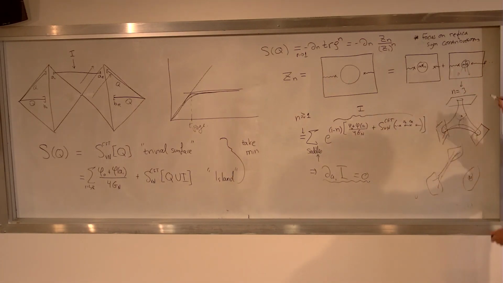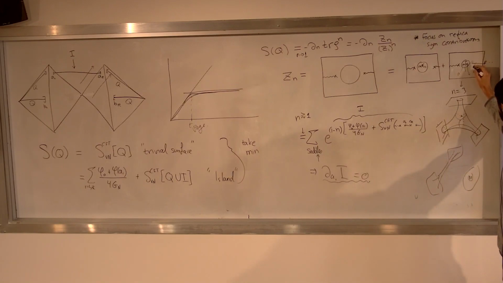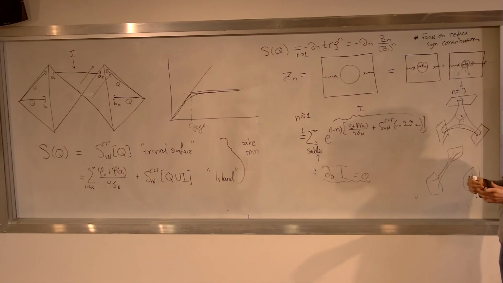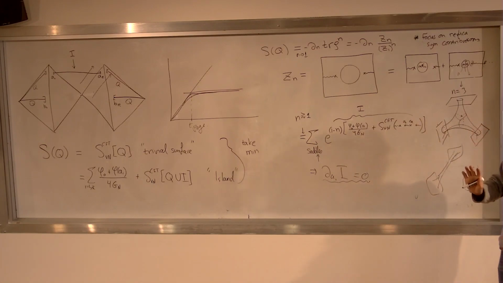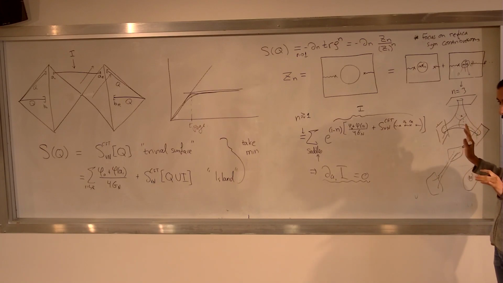Why? Because the space-time here really has a conical singularity. Here, when n is finite, there's no conical singularity. This wormhole is perfectly smooth. When n is an integer, it's perfectly smooth. There's no singularity.